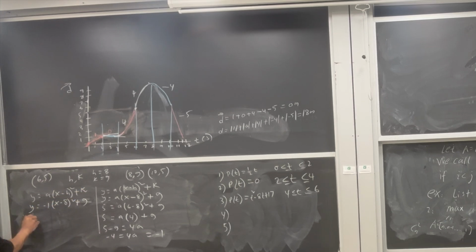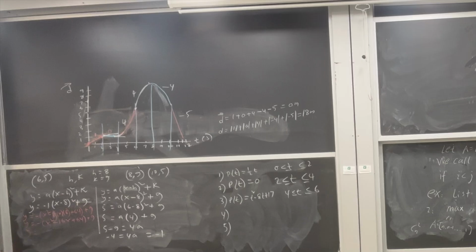So y is equal to negative 1 times x squared minus 2 times x times 8, which is 16x, plus 64, plus 9.